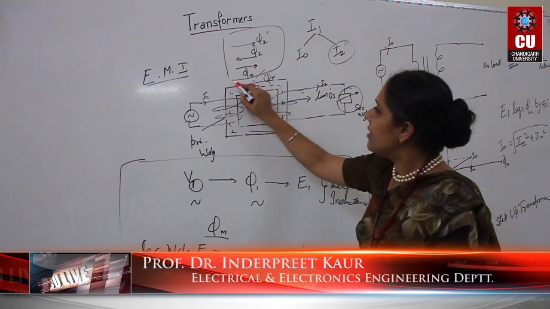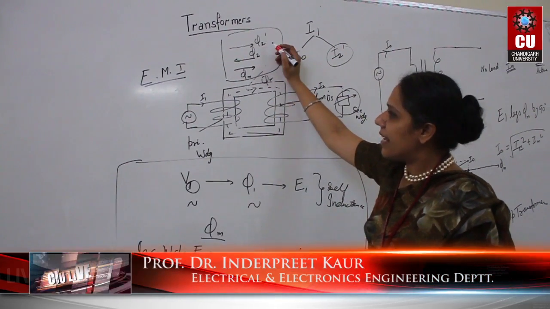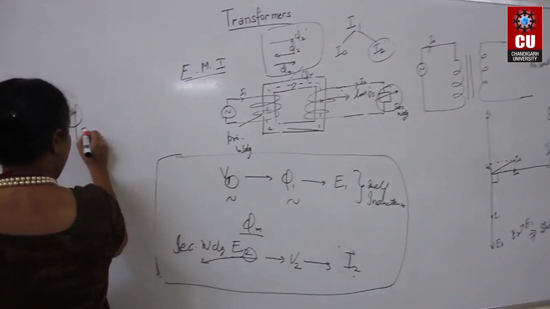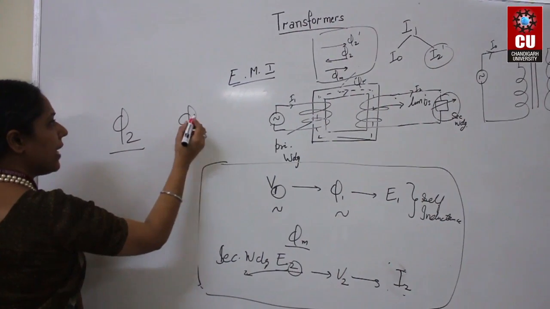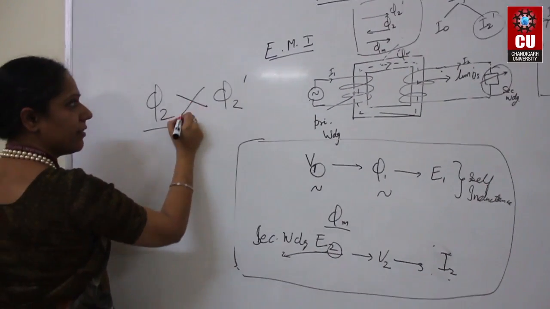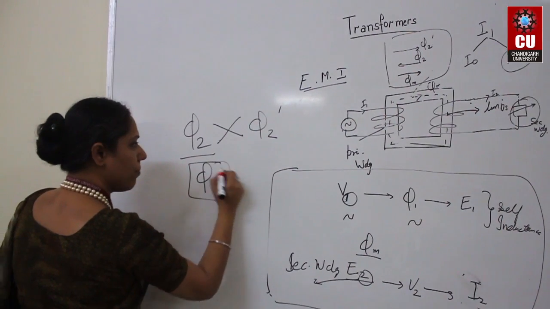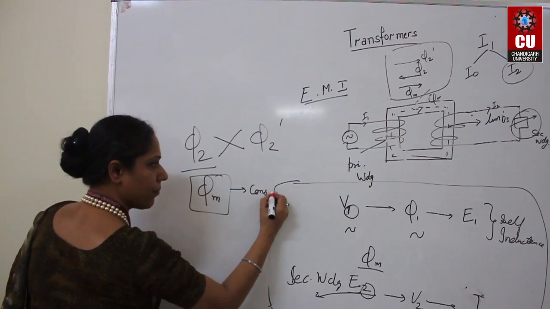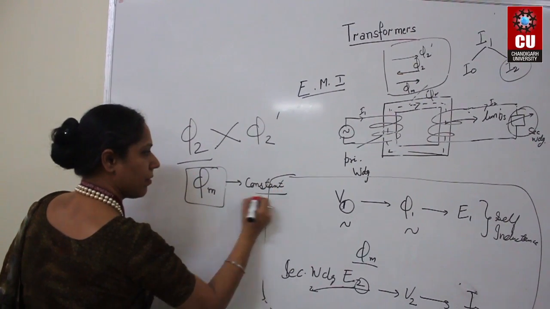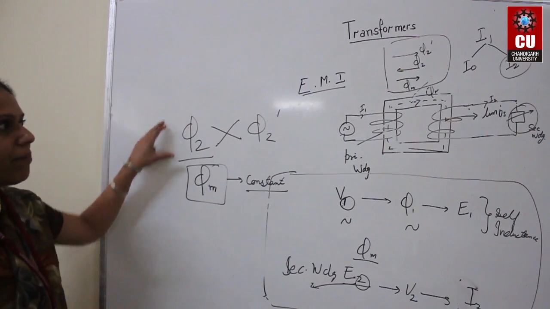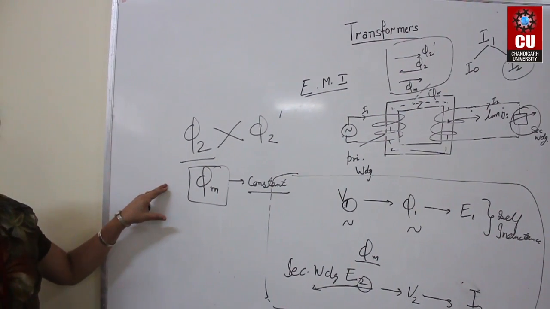So in general, these fluxes, phi2 and phi2 dash, nullify each other, so that the total flux in the core remains constant. This is the basic principle of working of the transformer.